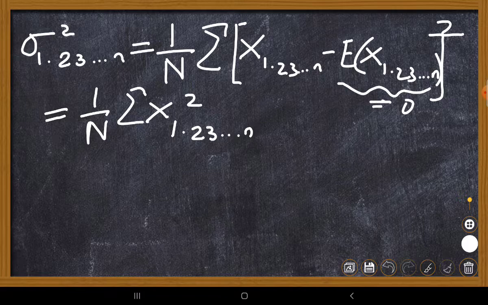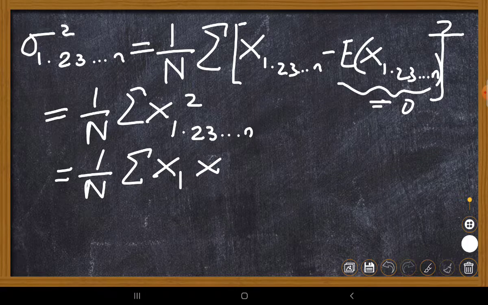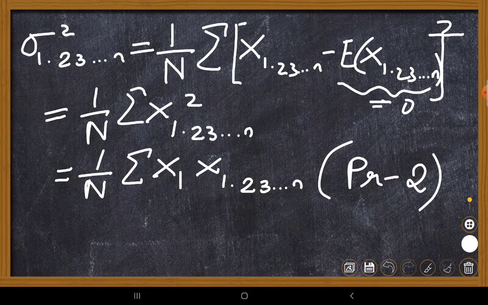Using those properties of residuals, we know that using property number 2, which we have already learned, this will be equal to summation x1 into x1.23 up to n. Using property number 2 of residuals.